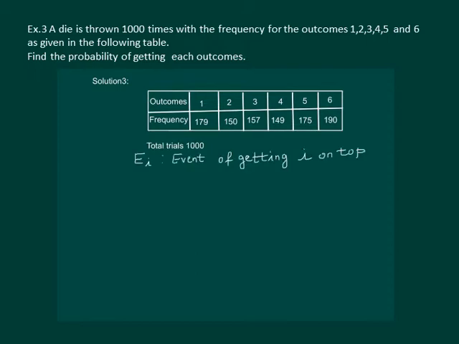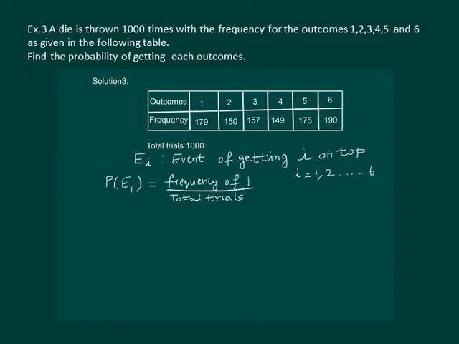Now let us define the event Ei as the event of getting i on the top. Then i can take values from 1 to 6. That means if i is 1, E1 is the event of getting 1 on the top. If i is 2, E2 is the event of getting 2 on the top.